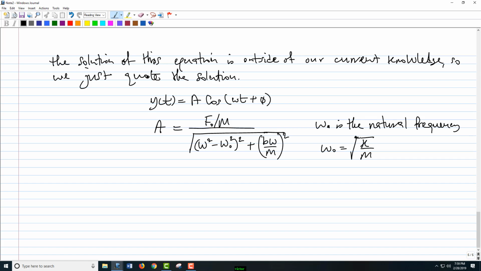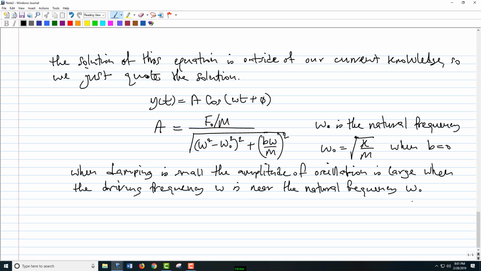That's our natural frequency, and natural frequency occurs when b is equal to 0. When damping is small, the amplitude of oscillation is large when the driving frequency omega is near the natural frequency omega naught. So when this happens, when omega is approximately equal to omega naught, we have resonance.